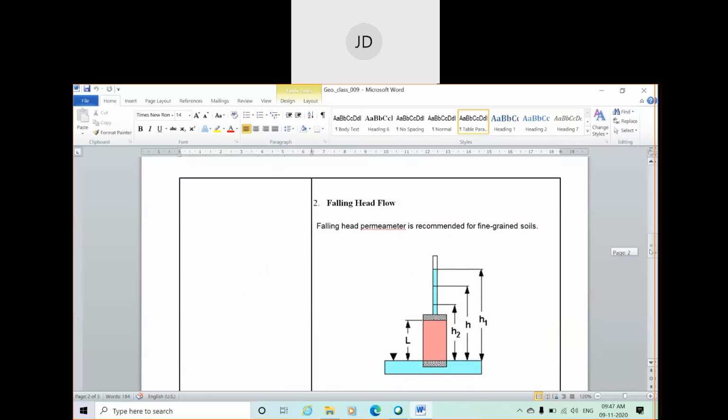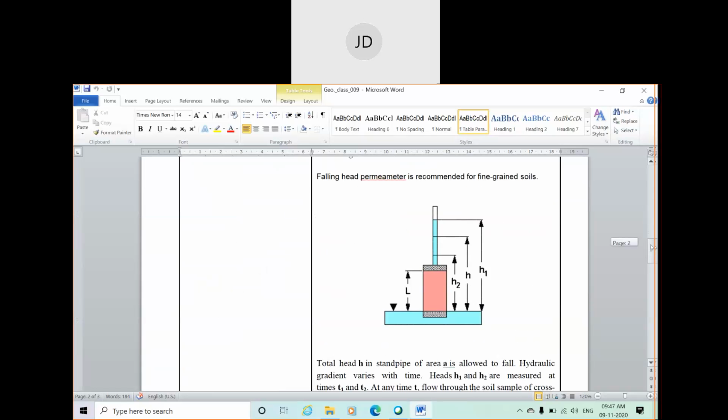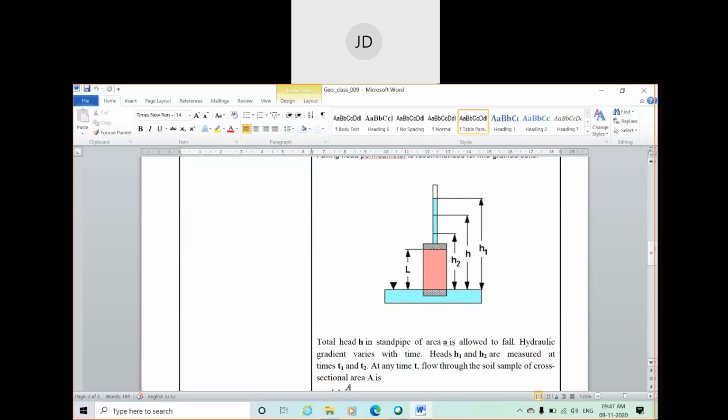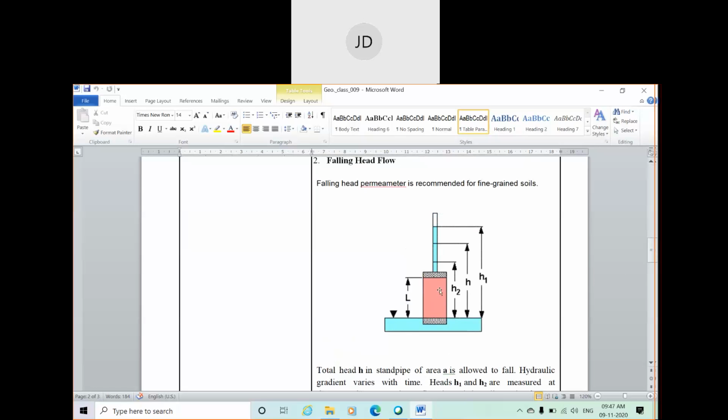Now you can see the setup of the experiment is almost similar to the constant head test. The soil sample, having length capital L and cross-sectional area capital A, is fitted in this manner, and one standpipe is fitted at the top of the sample.